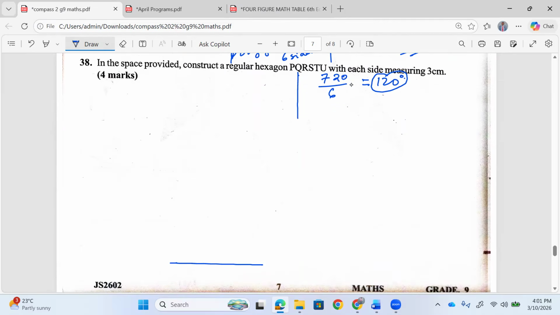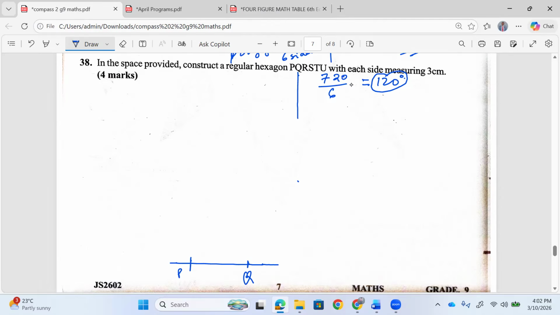Then on this line, you mark point P. Then you measure 3 centimeters, that you are guided to point Q. 3 centimeters, that is point Q. Now, standing at point Q, you are supposed to measure 120 on the inner side. You measure 120 and you produce a line.